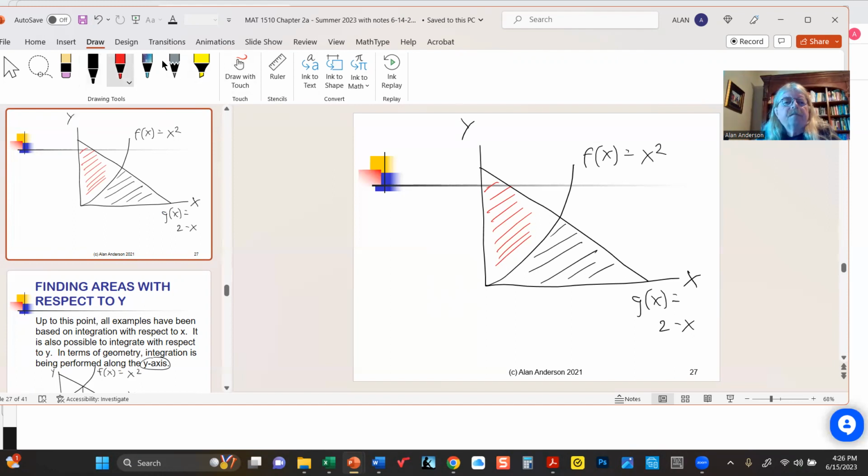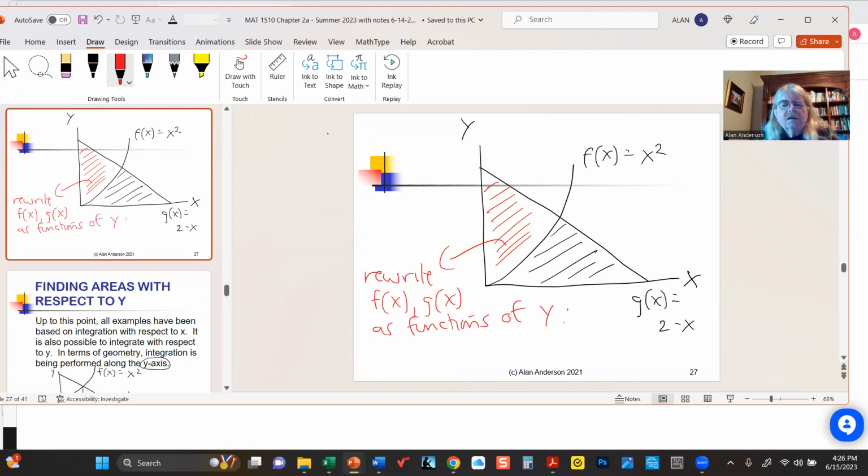Okay. So for this one, we'll rewrite f of x, g of x as functions of y, which we'll call u of y and v of y. This also means that the limits of integration will also be changed.